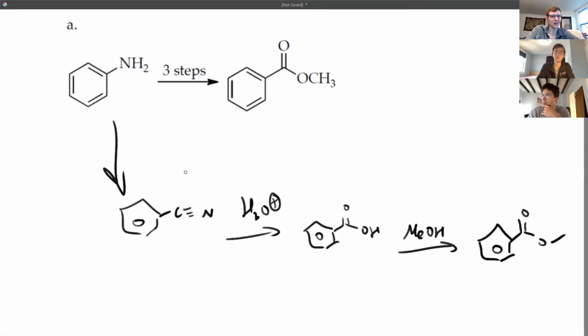Not right away. But it is possible to put a nitrile on. You could do the diazonium salt, but you could write it in 1 step, though it's not in reality 1 step.